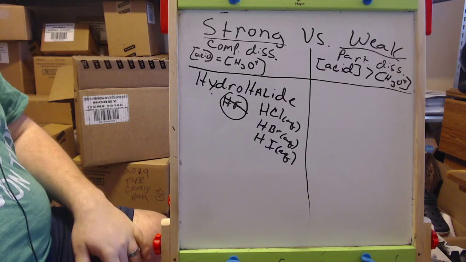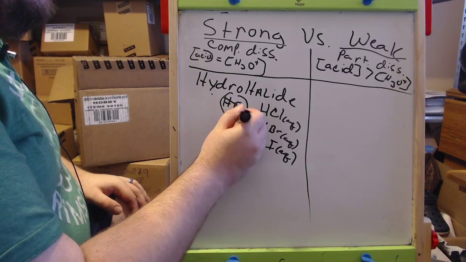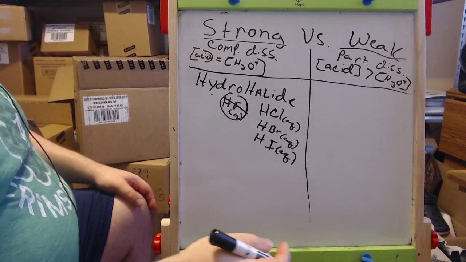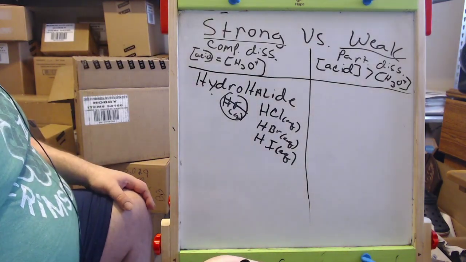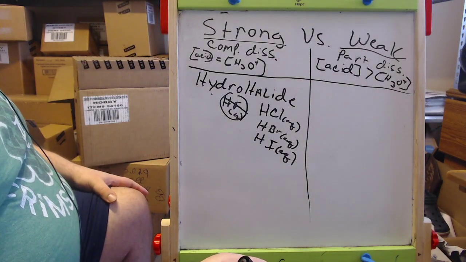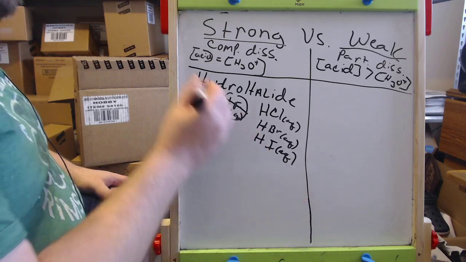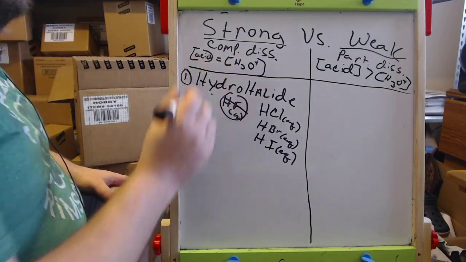HF is not part of that group. It has to do with fluorine's electronegativity and wanting to donate that proton, or have that proton dissociate, I should say. So number 1 over here, hydrohalides.